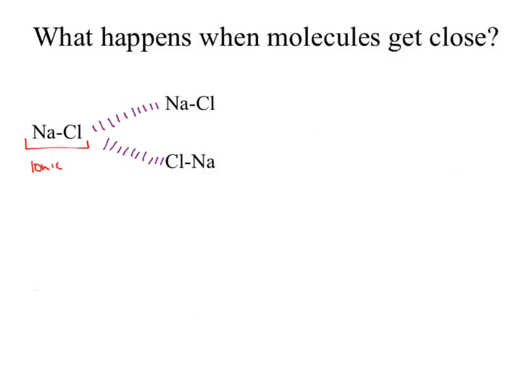Number one, you'll notice I did not show a solid line. Why not? What does a solid line represent? A bond. These are not bonds. These are now interactions. How does this sodium chloride interact with another sodium chloride molecule? Which of those interactions is better?